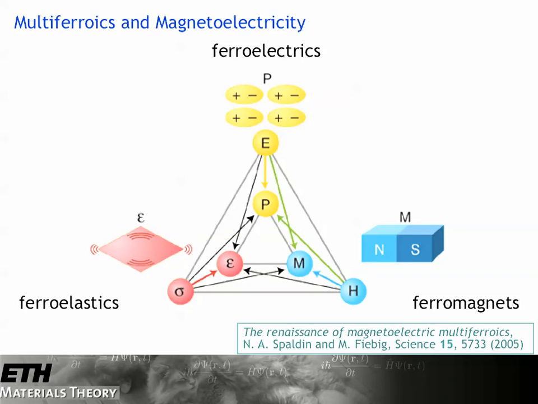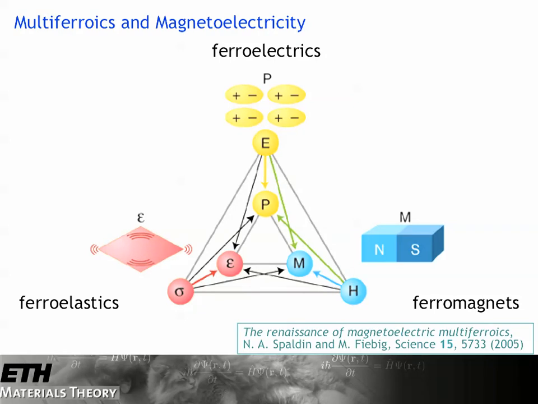The example that's going to be relevant for us is that it's a ferroelectric material. It has a spontaneous electrical polarization that's switchable by an electric field. And simultaneously, it's a ferromagnetic material. It has a spontaneous magnetization that's switchable by a magnetic field.